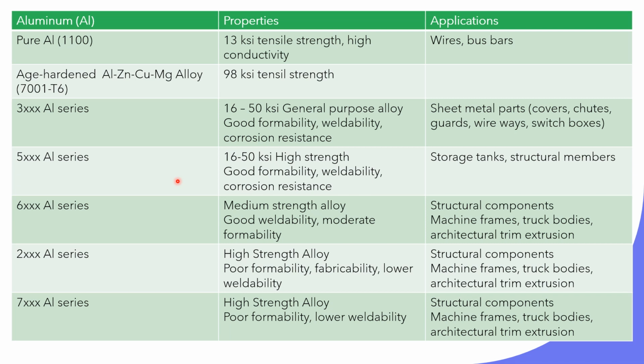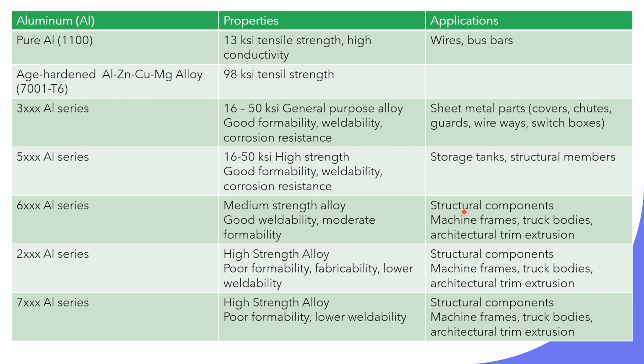In the 5 series aluminum, they have about the same thing, 16 to 50 ksi. They vary by weight and strength. They have good formability, weldability, and corrosion resistance. When you look at the applications, we use the 5 series aluminum alloy in storage tanks and structural members. The 6 series have medium strength alloy, very good weldability, moderate formability.